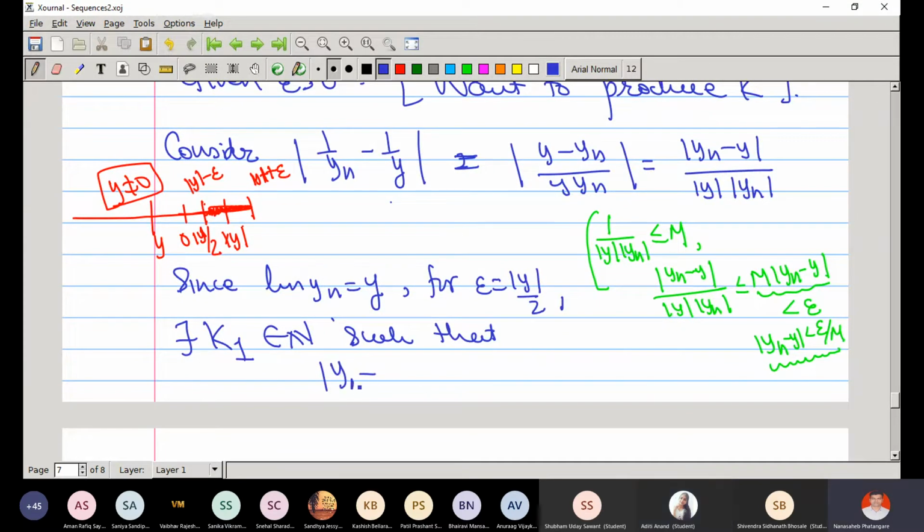Right. So this is my epsilon, and this holds after k1.